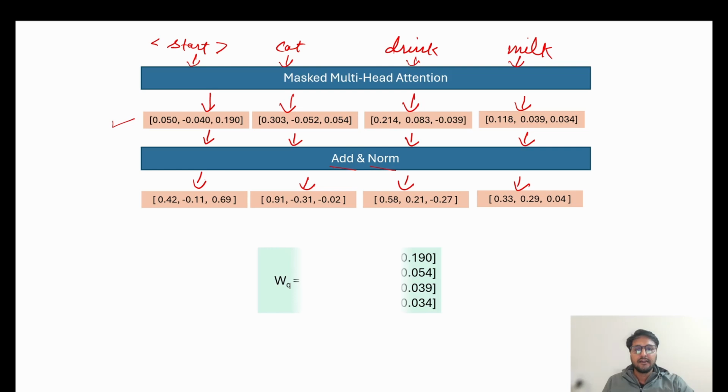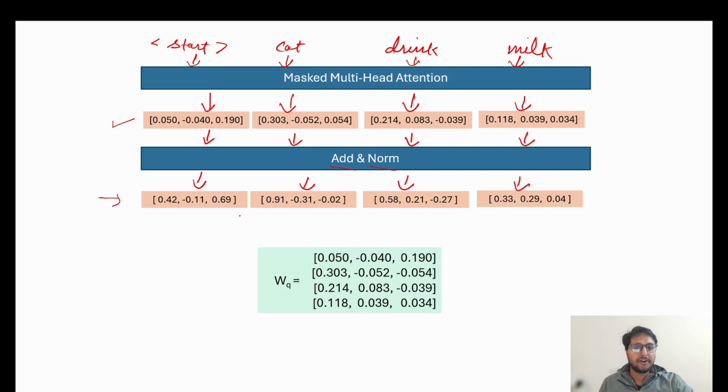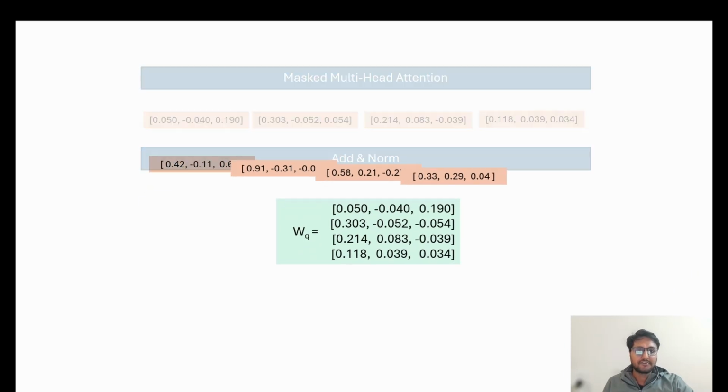As I said, in cross attention the query is generated from the decoder hidden state, and that is the decoder hidden state I am referring to. We multiply it by a weight matrix that has learnable values. These values will adjust during training, and we multiply this weight matrix with the input of cross attention to get the query matrix.